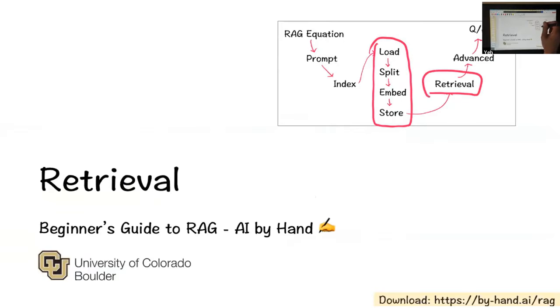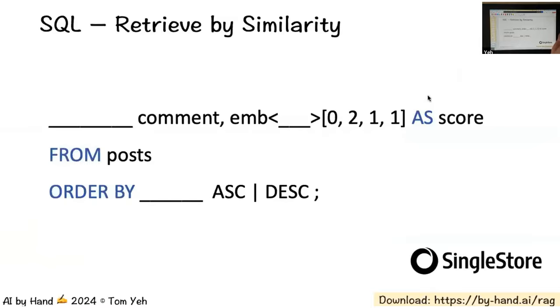We're going to talk about retrieval. And for retrieval, if you use a database like SingleStore, it provides very reliable storage. If you are technical, you can write a SQL statement to retrieve data from the database. What would be this SQL statement, the pop quiz? You'll do select, and then this is a query that we assume we already embedded into a vector, 0, 1, 1, the 4th dimension.